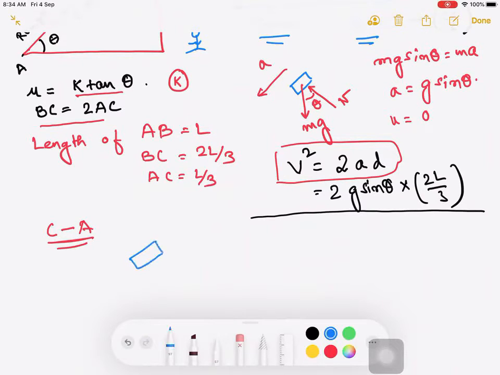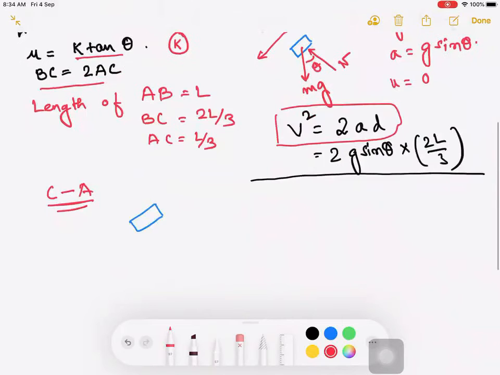How would the free body diagram look like? The weight is still acting. The normal reaction force is still there. The angle is still the same, but there is a friction at the bottom of the surface which is acting upwards. The friction's direction is upwards.